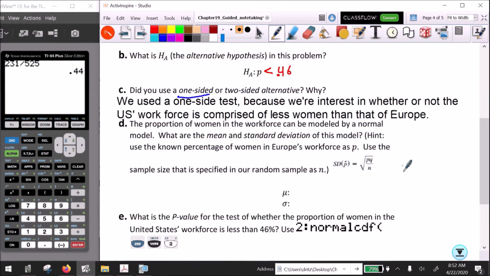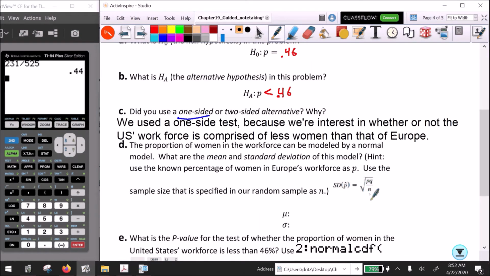So we're going to use this formula here for our standard deviation of P hat, and we're operating under the assumption that the proportion of women in the workforce is 46%. So the mean that we're operating under is that the proportion of women in the workforce is 46%.